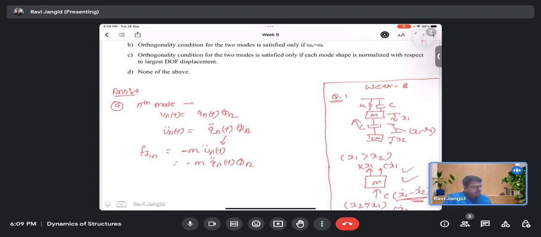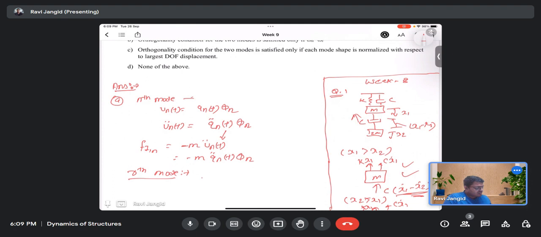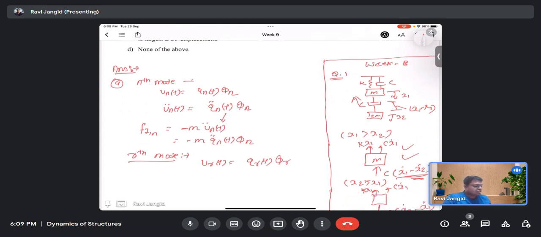Now let us consider the rth mode. What will be my displacement? That would be u r of t, q r of t times phi r. Now find out the work done from this to this.